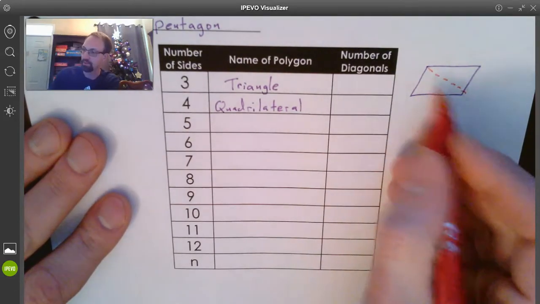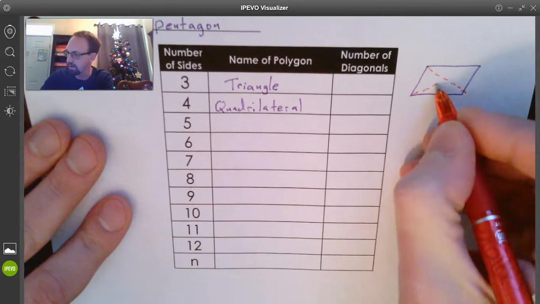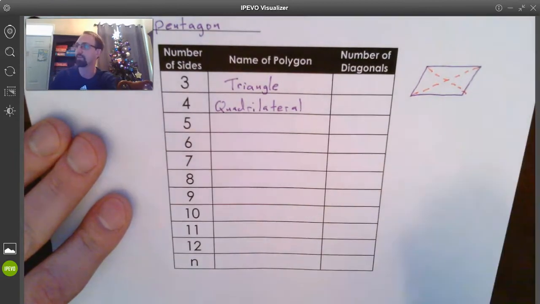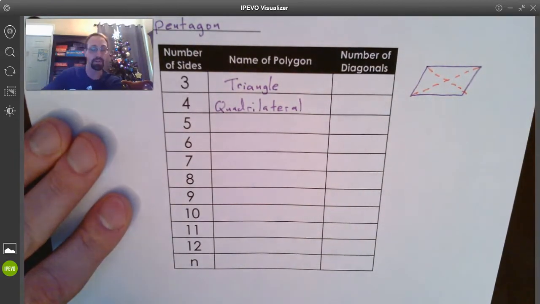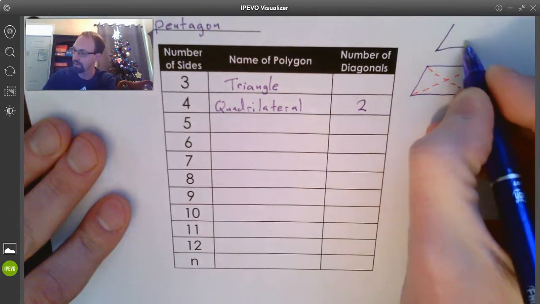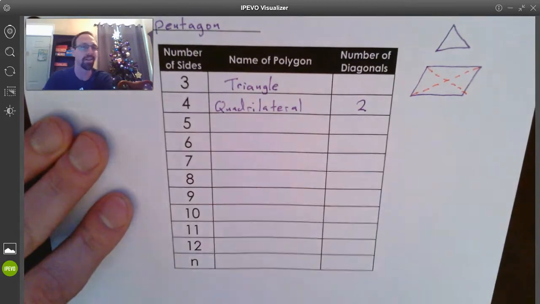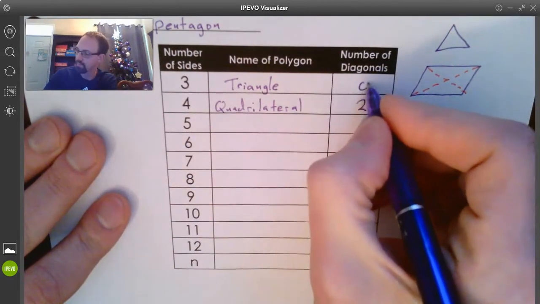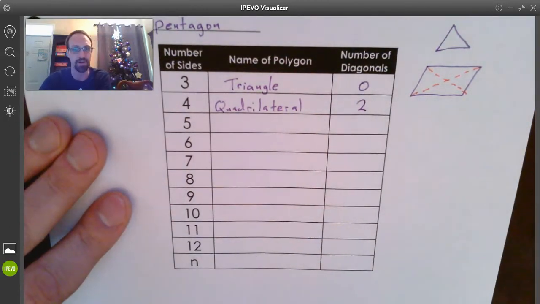So this diagonal that goes from here to here is independent of this diagonal that goes from there to there. So a quadrilateral, in fact, has 2 diagonals. When I make a triangle, all of the vertices are connected, so there aren't any additional diagonals that we could draw. So there's 0 diagonals for a triangle.